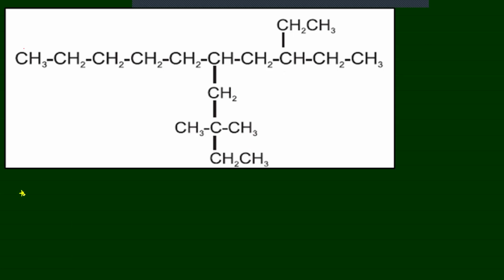So here we have to apply another rule. The rule is, if there are multiple possibilities of selecting the longest chain, then the rule says select that longest chain which has the maximum number of carbon substituents or branches.